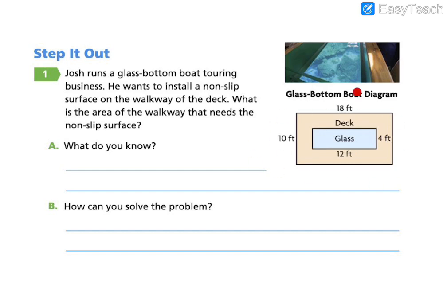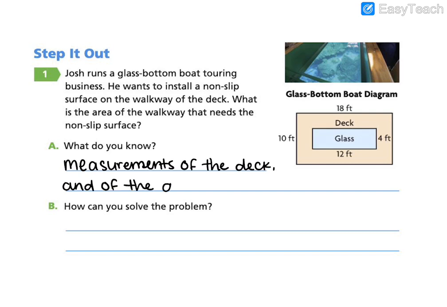All right, here is our picture. We know a lot of information, don't we, by looking at this? We know the measurements of the deck and of the glass.